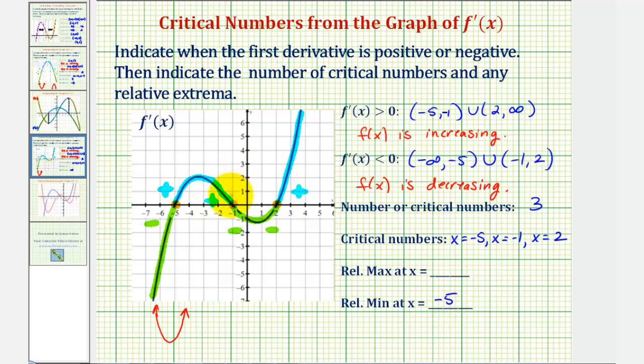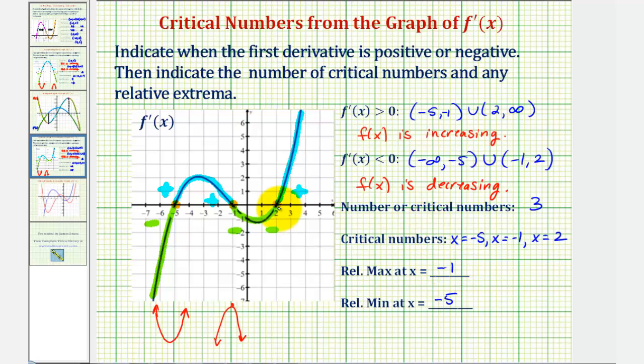and then because the first derivative changes from positive to negative at x equals -1, f of x changes from increasing to decreasing at x equals -1, and therefore f of x has a high point or a relative maximum at x equals -1.